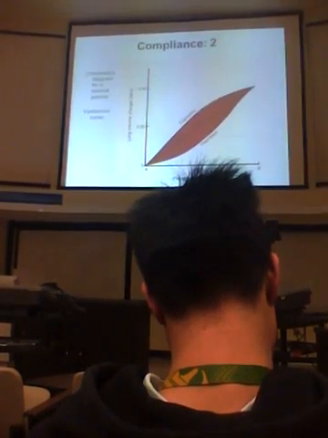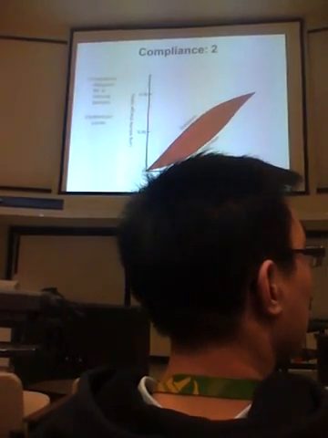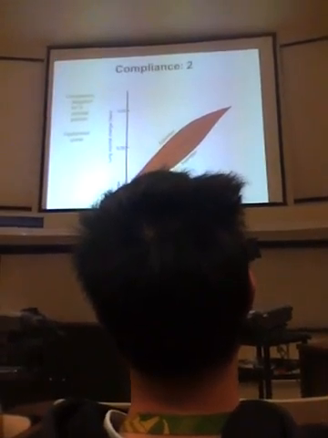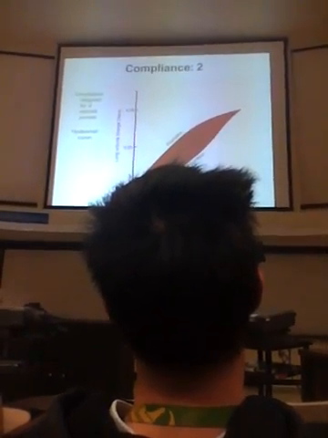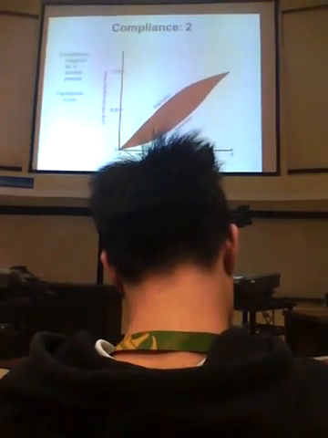And so that will be reflected in the compliance diagrams that I'm just about to show you. So here is the lung volume, here is the pressure required to get air into the lungs. And so here is the curve for inspiration, and it's S-shaped here. And then for expiration, the curve is different.